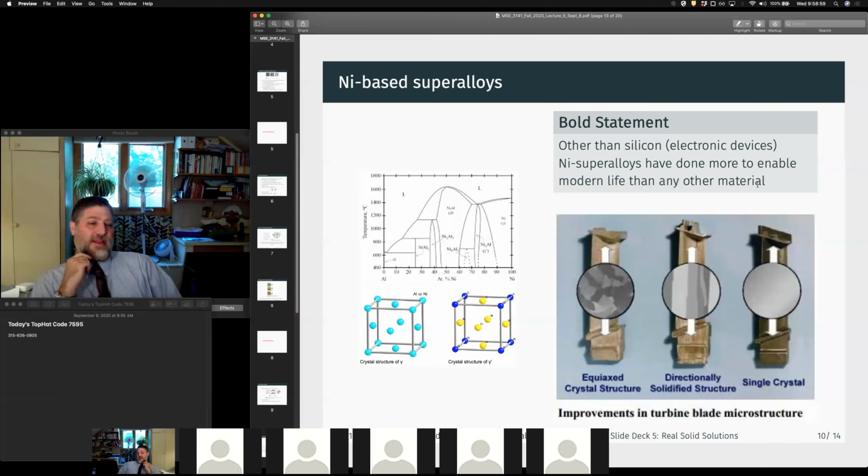Why do they enable cheap air travel? These are the materials in the hot section of a turbine engine. And the better these materials have gotten, the higher the operating temperature and the thermodynamic efficiency of jet engines has gotten, meaning we have to burn a lot less fuel.